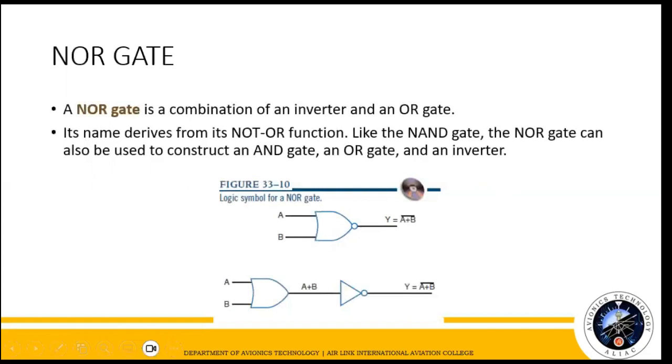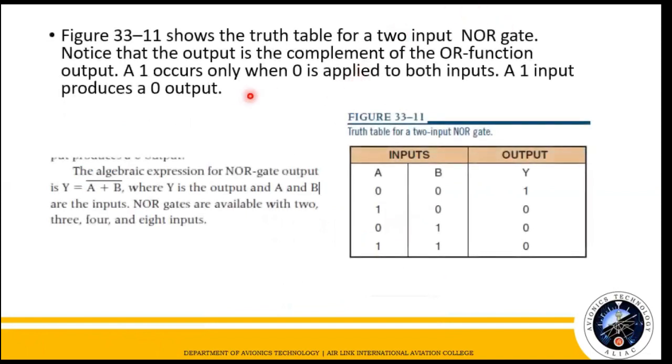So as you can see here, so input A and input B is Y equals bar A plus B. So simply, on the truth table for two inputs NOR gate, notice that the output is complement of the OR function.